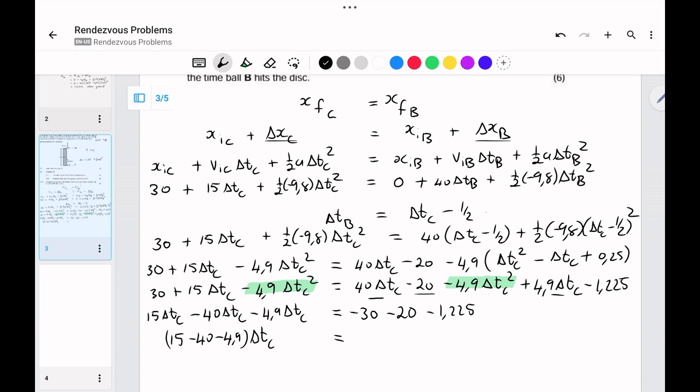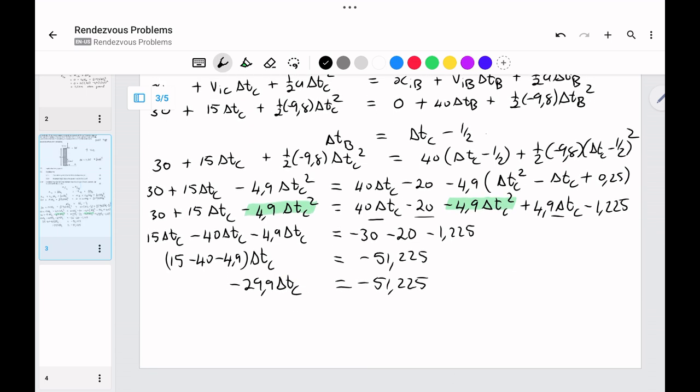I get minus 51.225, and then on the left I have 15 minus 40 minus 4.9. That gives me minus 29.9 delta TC.